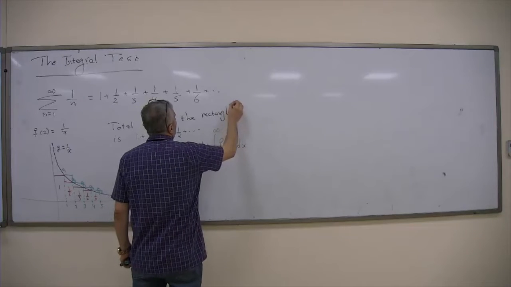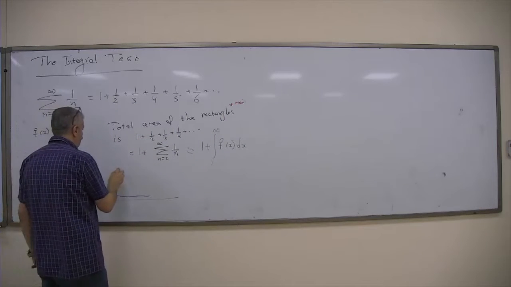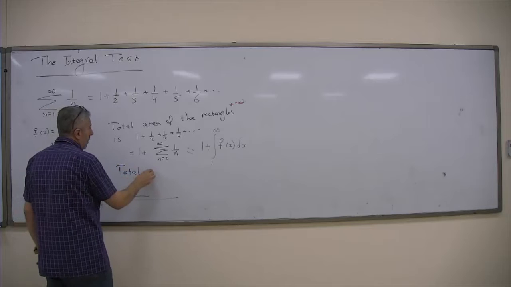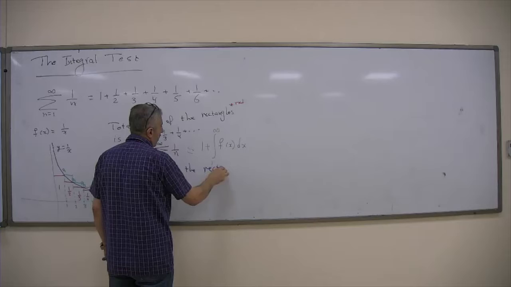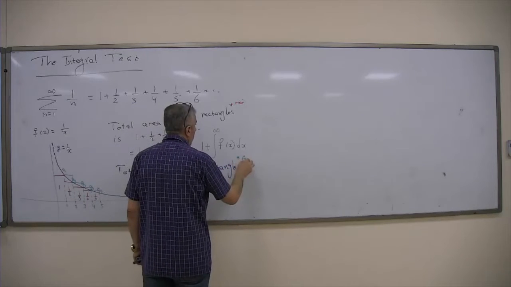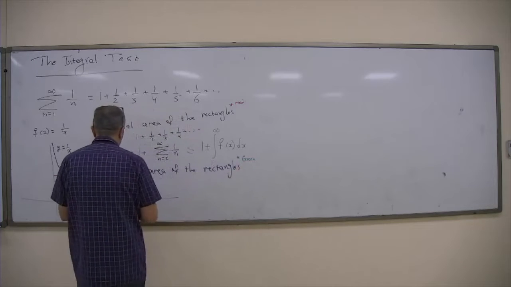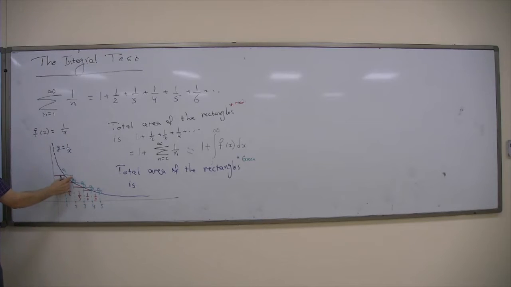red, and now I see the total area of the rectangles, and here green rectangles, is, let's see, if you take this one, this is going to be height 1 and width 1, so the area is going to be, instead of 1/2, it is going to be 1.